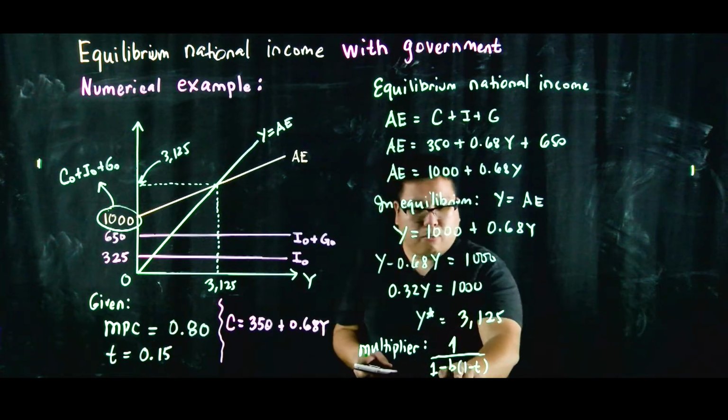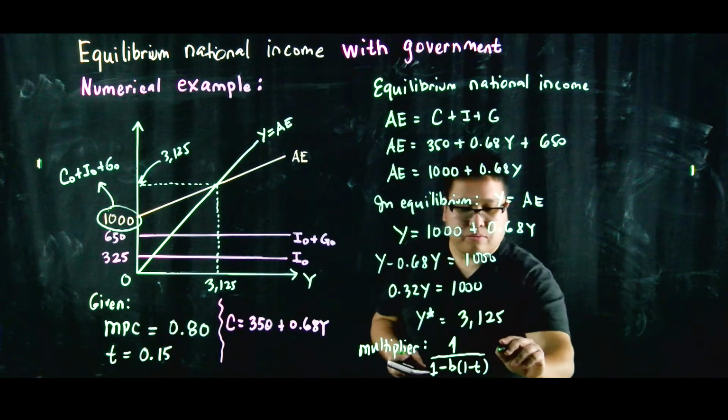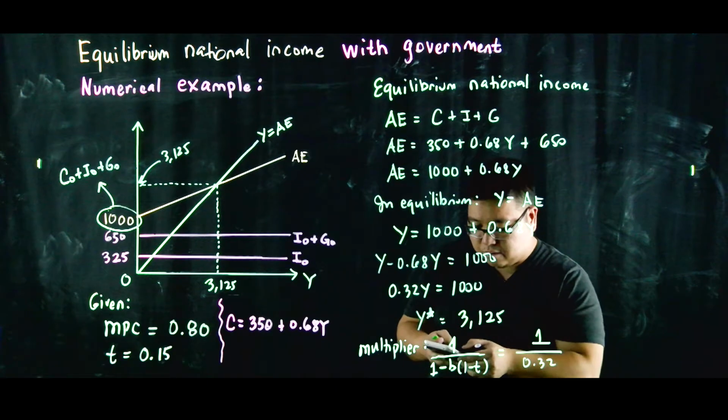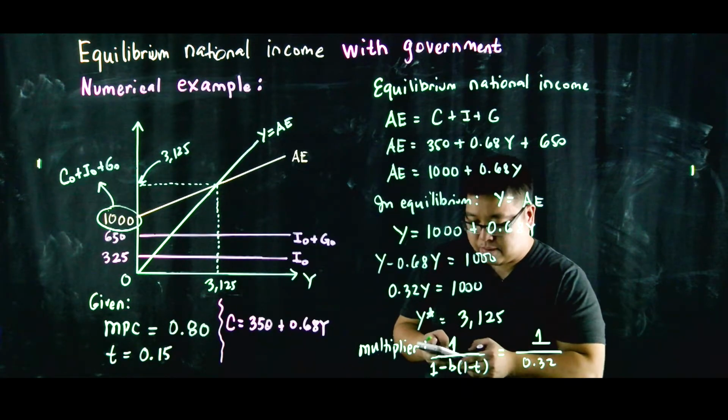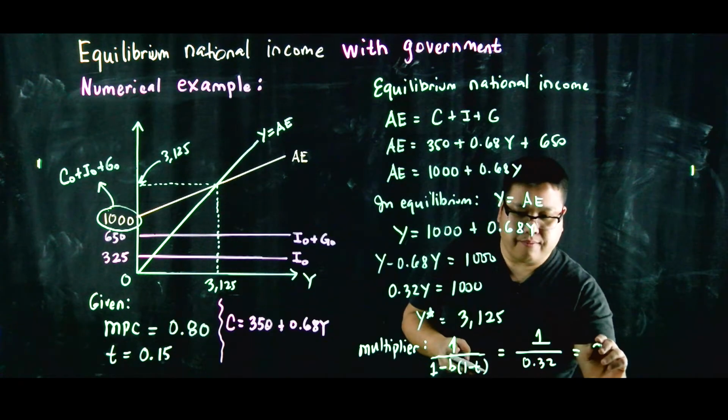Well, we know what this is. This is equal to 0.32. So this is equal to 1 over 0.32. And we get 3.125.